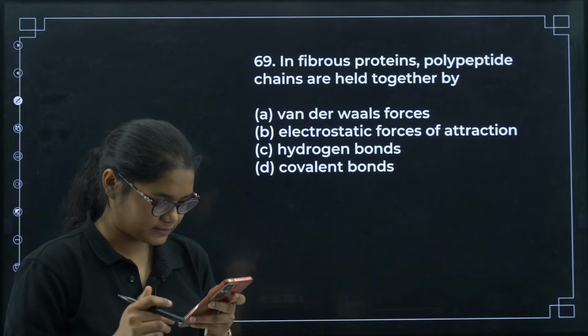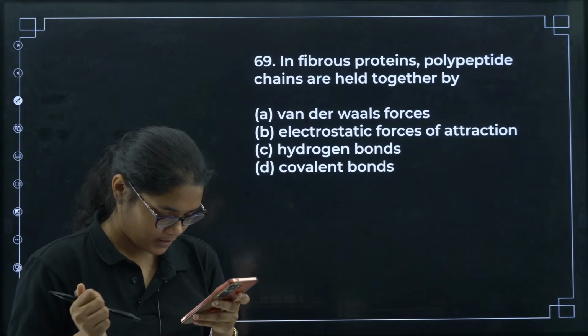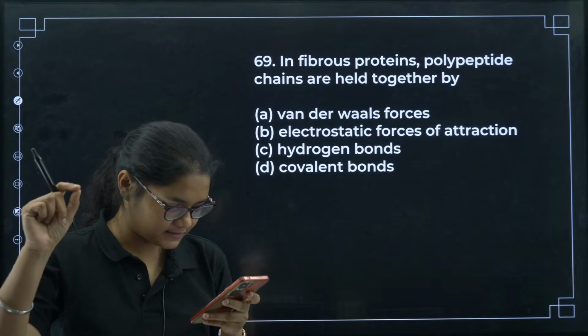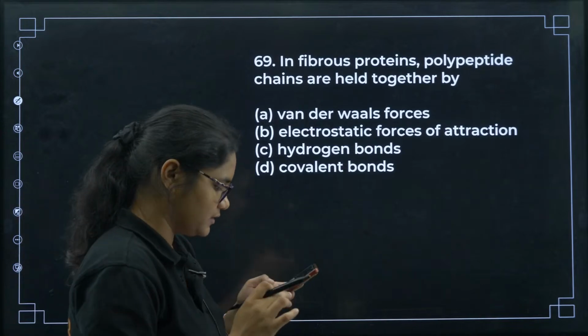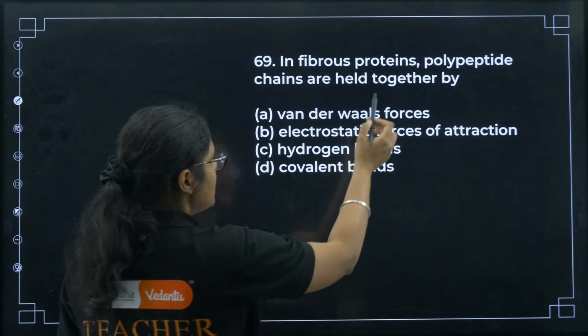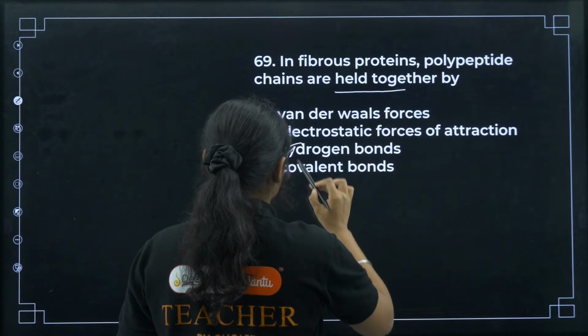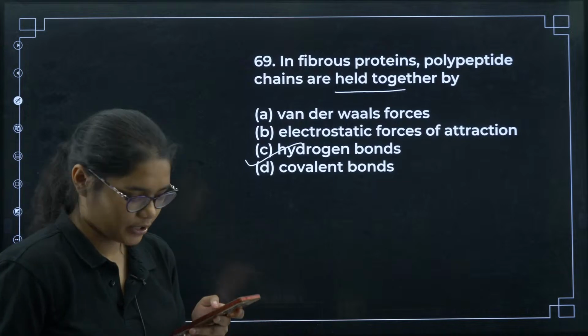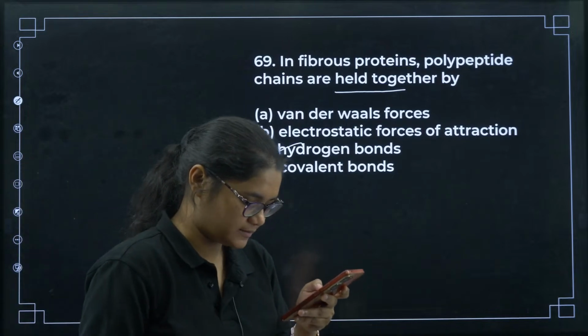Next question, very simple. Students, please answer with the question number, so that I can know which question you are answering. The polypeptide chains are held together by hydrogen bonds. Option number C is the correct answer here.